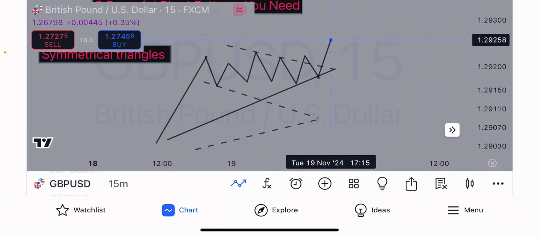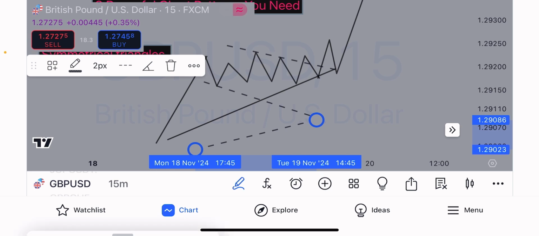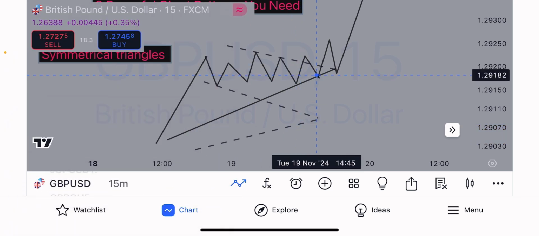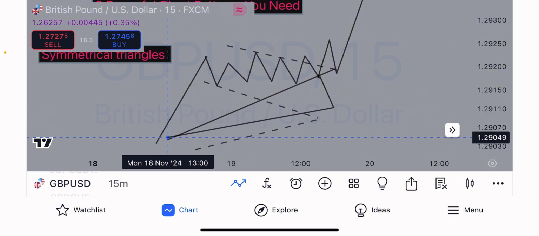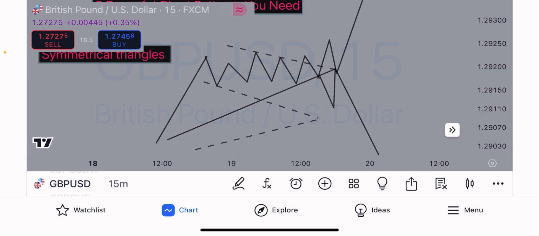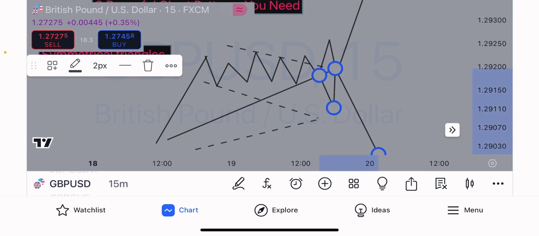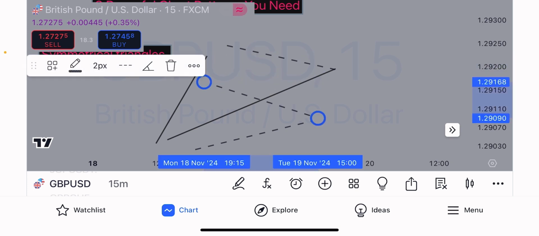If the market breaks out from here, you start buying. Ignore this. Then if the market decides to break out from here, it means this strong bullish trend line has been broken, and you start selling immediately, right? So basically, this is how this works.